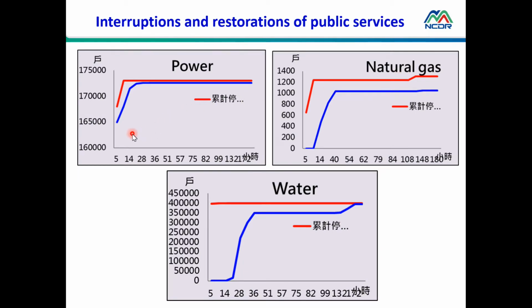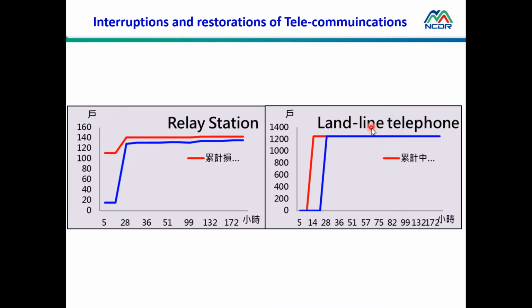We want to understand how much time it took to resume public services, especially power. From the figure, after 1 day, almost all power resumed, like water. After 1.5 days, we recovered about 80% of household water supply, likewise natural gas.